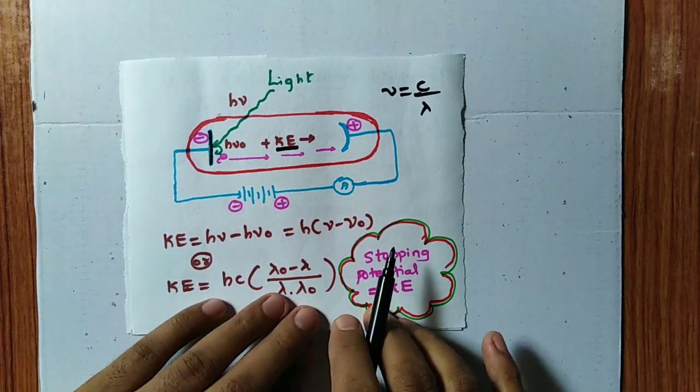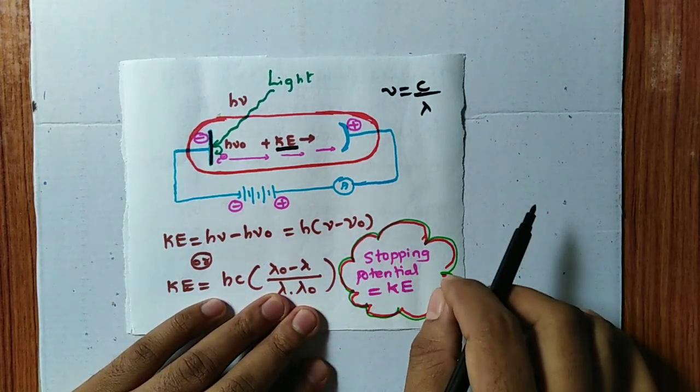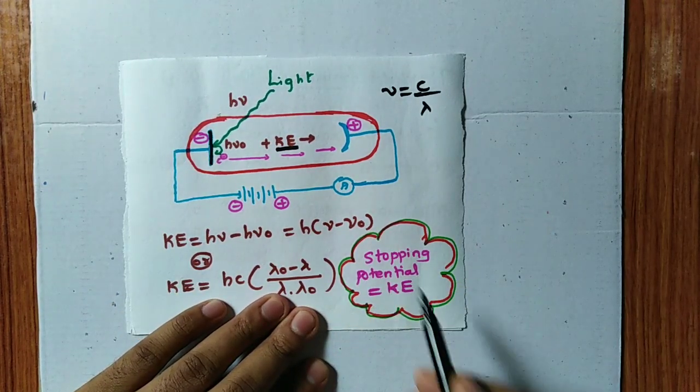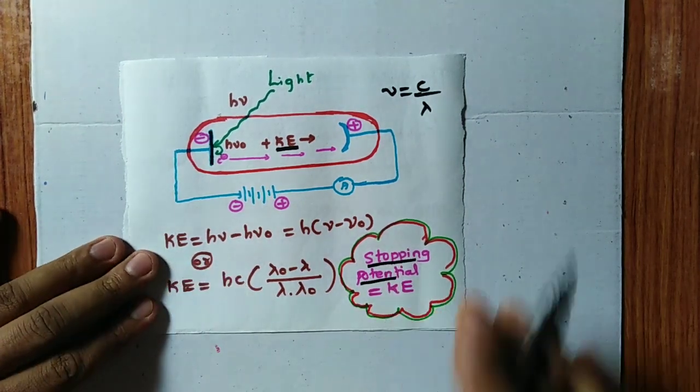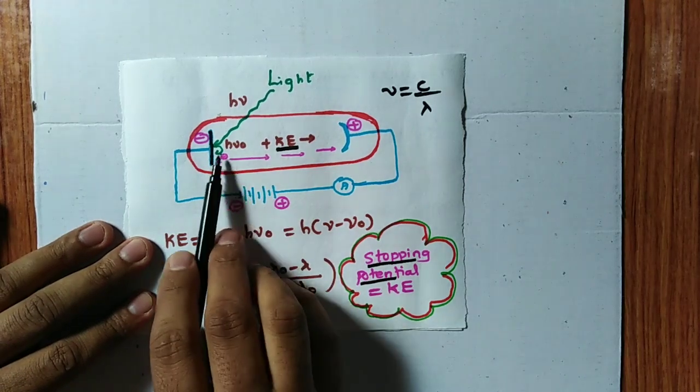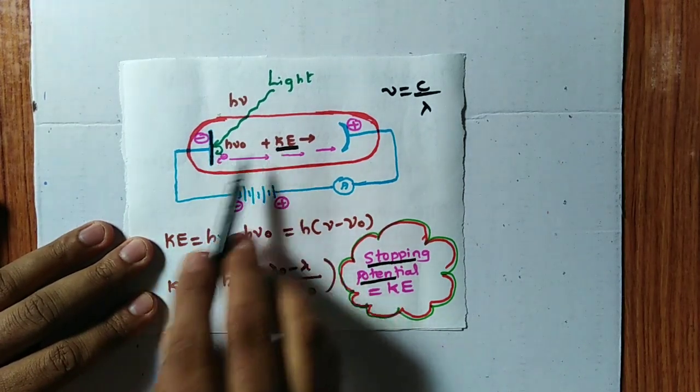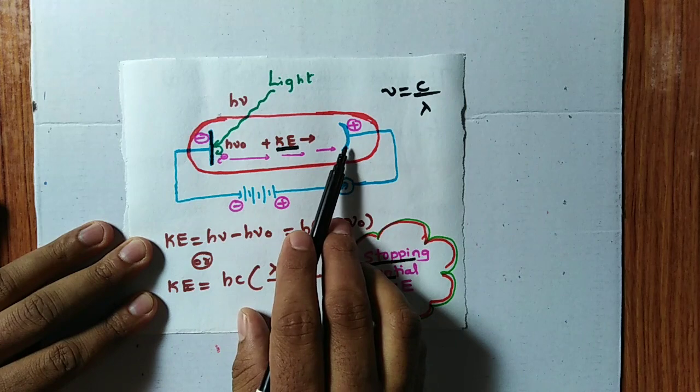Another important point: in the 2017 JEE Mains online exam, stopping potential was asked. Remember, stopping potential is related to kinetic energy. Just imagine, by gaining kinetic energy the electron moves towards the positively charged anode.